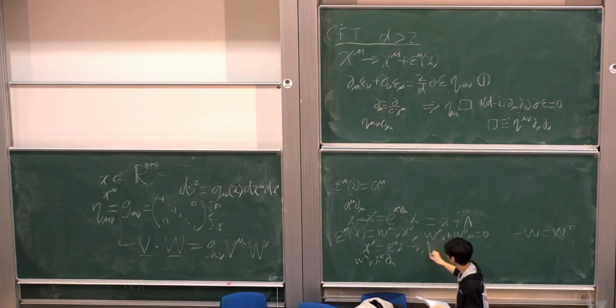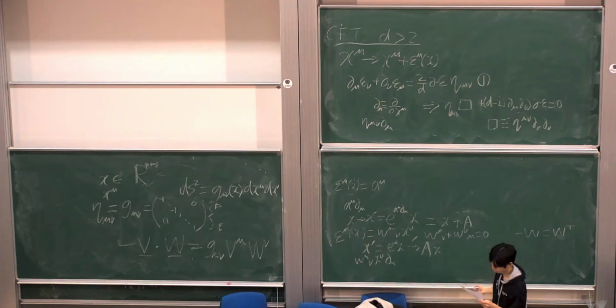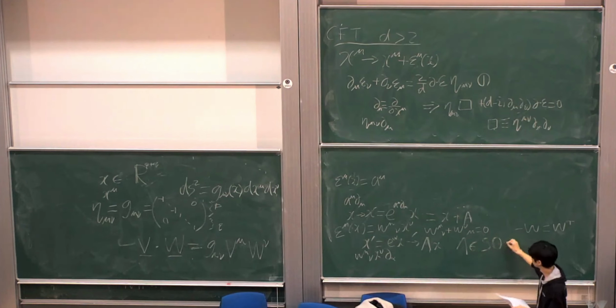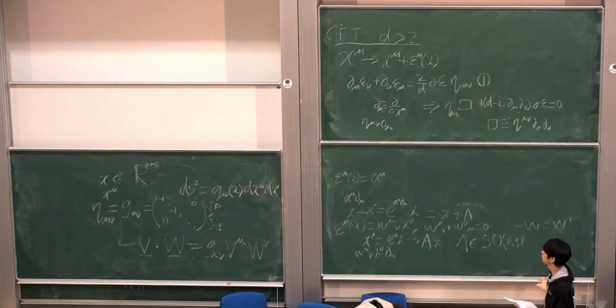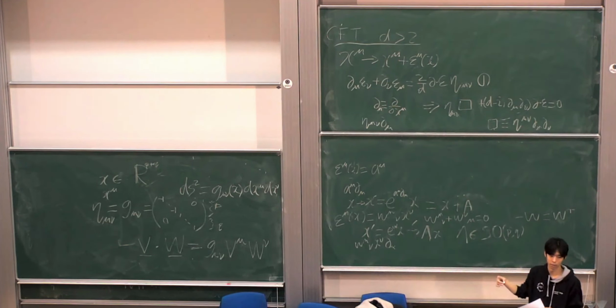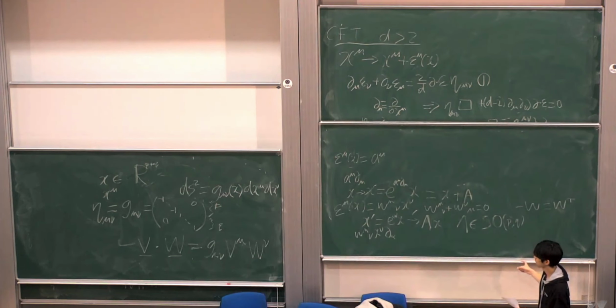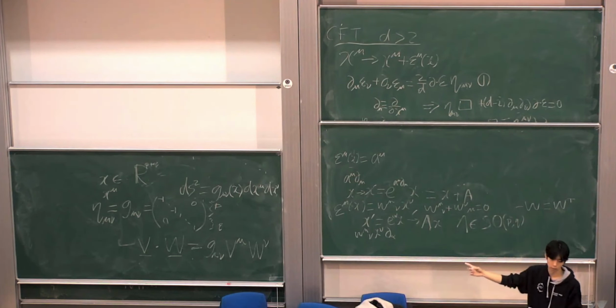It becomes some matrix. Let's call it lambda x, where lambda is in the special orthogonal group of p and q dimension. It just means a rotation in p plus q dimension. Yeah, so it's a rotation. This generates a rotation.